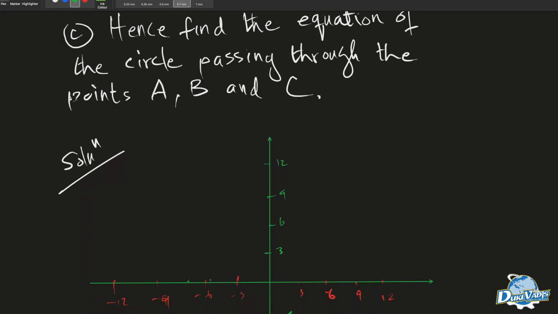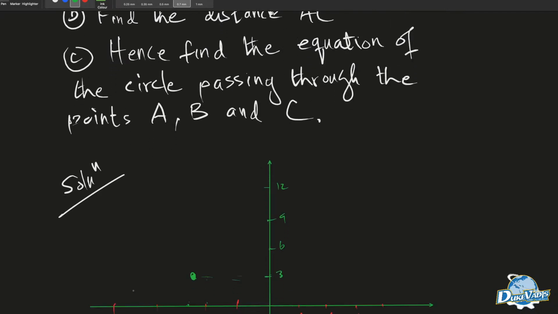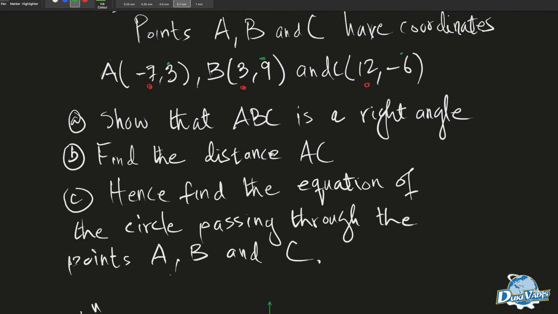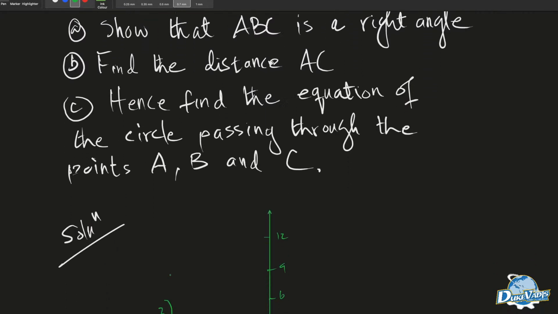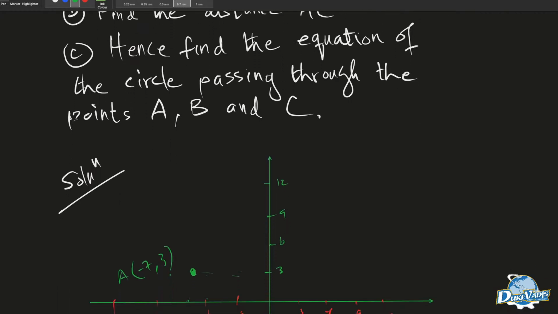So our first point is A, which is (-7, 3). The next point is (3, 9), on the x-axis 3 and on the y-axis 9, somewhere here, and that is B.